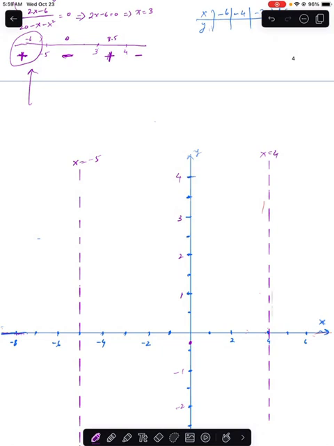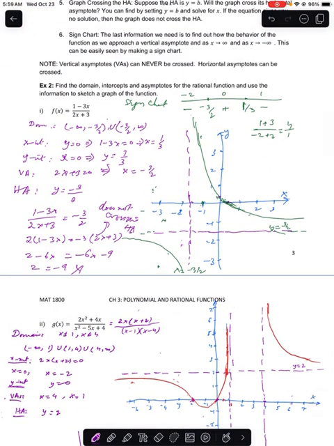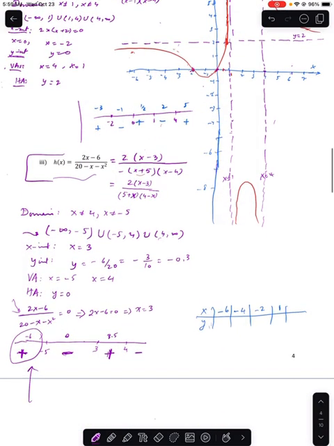Because we don't have two lines now. Previously, remember in one of the examples, when we had a horizontal asymptote different than the x-axis, then there were two regions between the x-axis and negative infinity that were positive, and we had to figure out where the graph would be in both those examples.